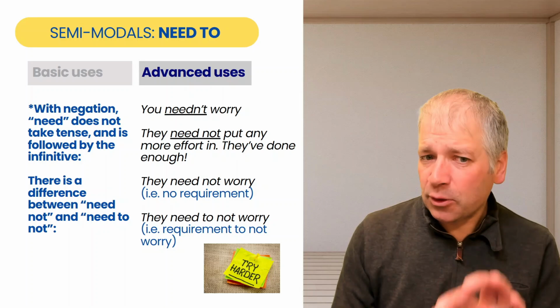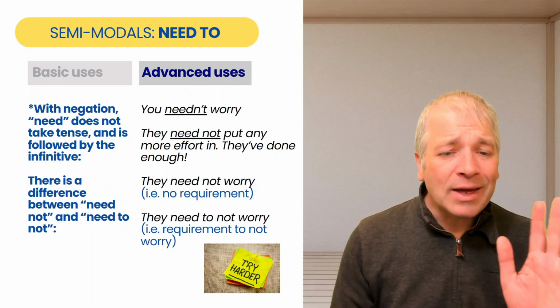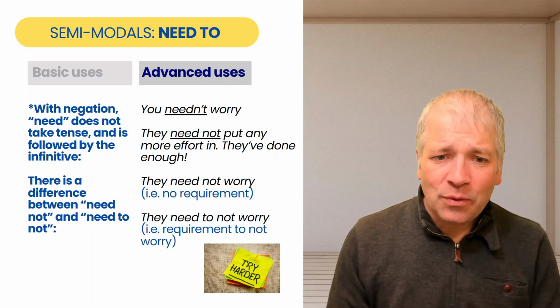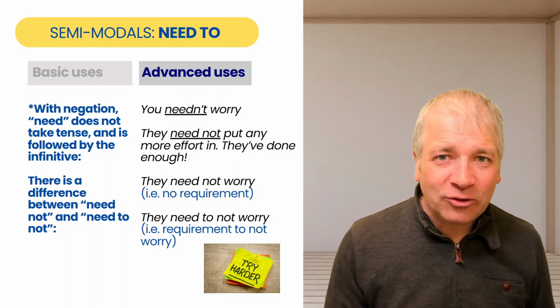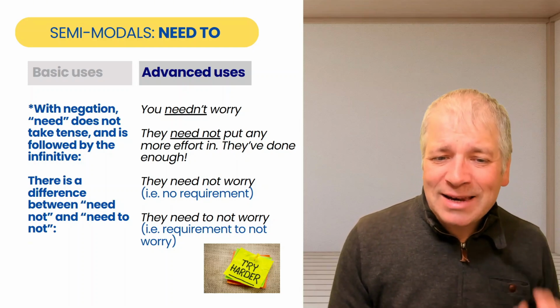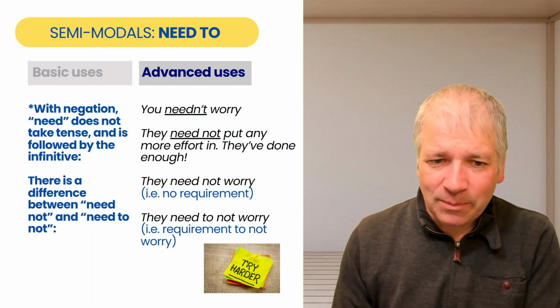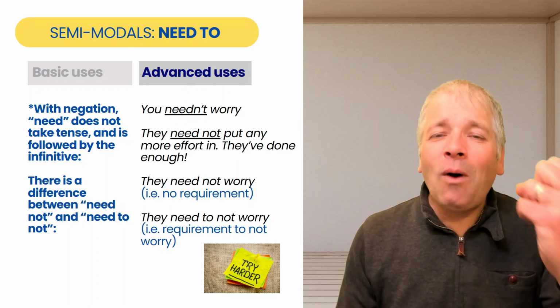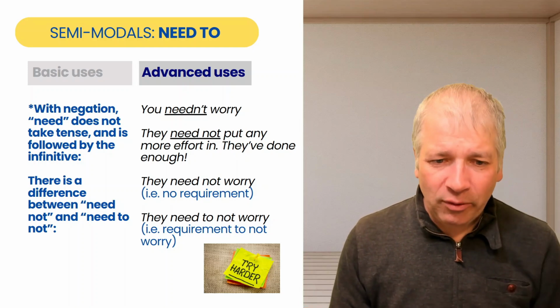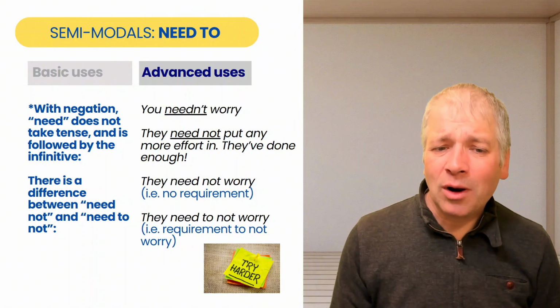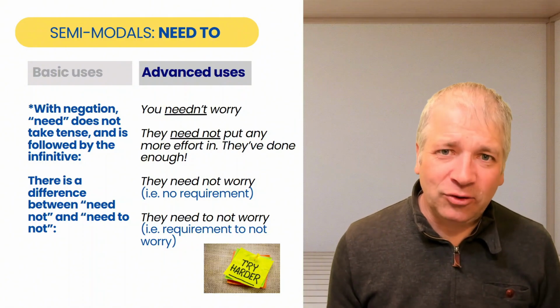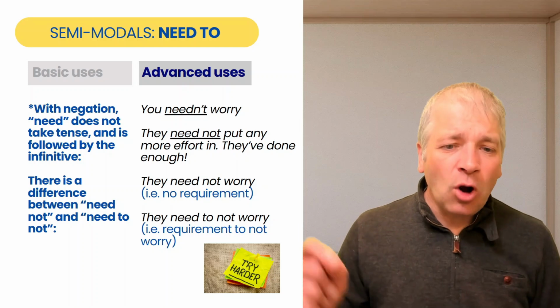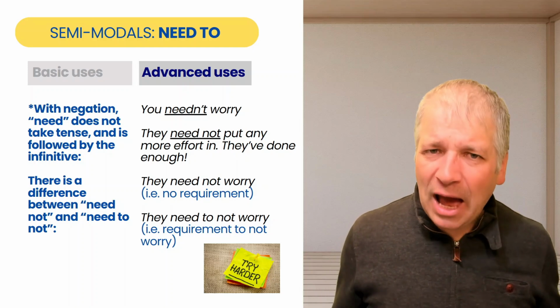So "they need not worry" means there is no requirement to worry. But if I say "they need to not worry," then there is a requirement to not worry. "They need to not worry" is more like "they mustn't worry." "They need not worry" is more like "they don't have to worry."